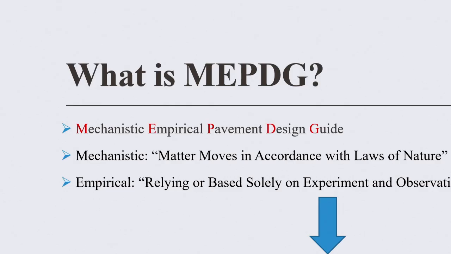They don't also believe in the empirical approach. So you will have different approaches, but this method tries to marry both, whether it's mechanistic or empirical. And we'll look at the advantages and disadvantages of both.